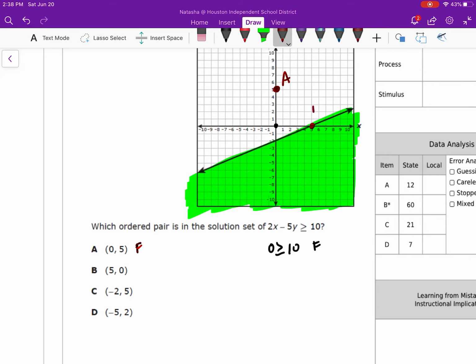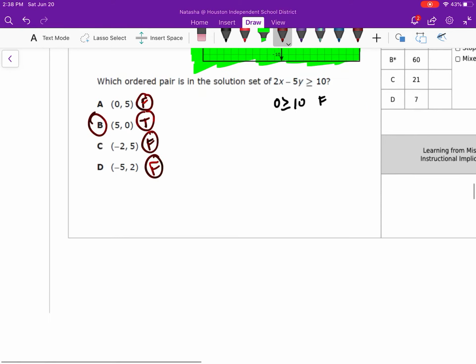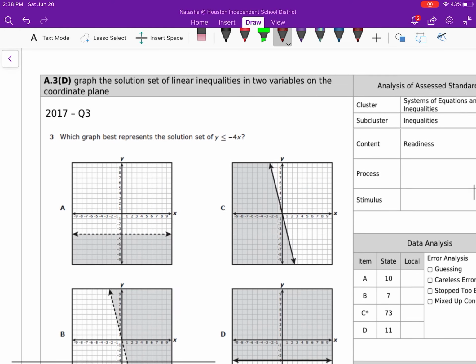And we have 5, 0, which that one is B. That looks true. Negative 2, 5, that's up here. That's C, so that's false. And then we have negative 5, positive 2, that's D, that's false. So our answer choice is B.